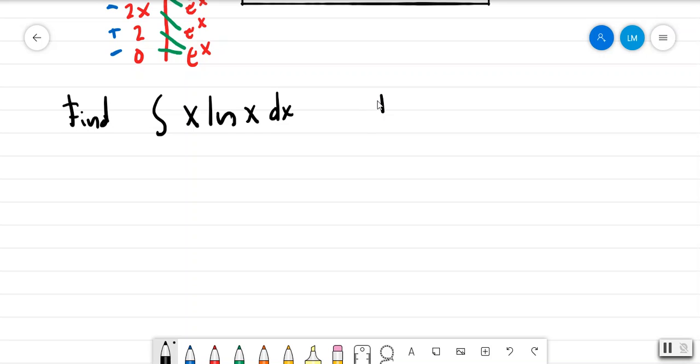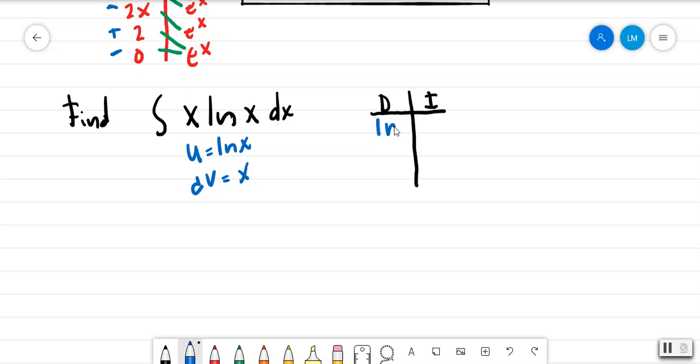I have my columns, and I just need to pick my u, which in this case, actually, it's backwards. It's going to be that u is natural log of x, and dv is going to have to be x.